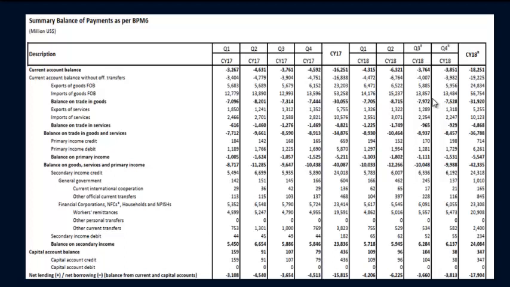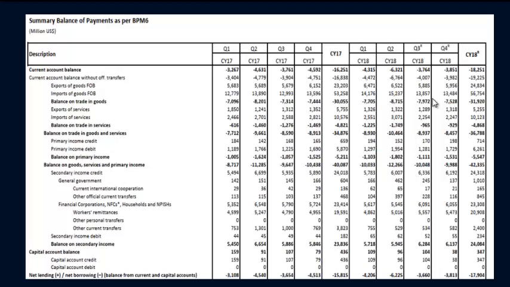And then there's worker remittances, which is about $20 billion. And there's other current transfers of about 3.8 billion, which I don't know what it means, and I don't know where it's coming from.